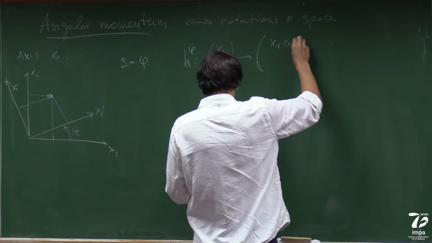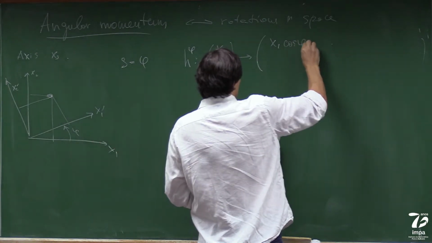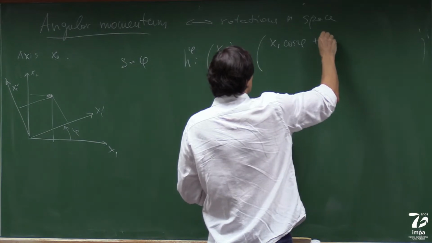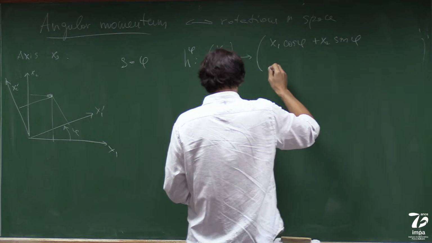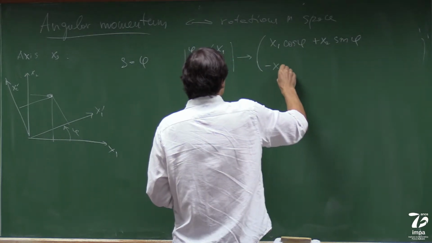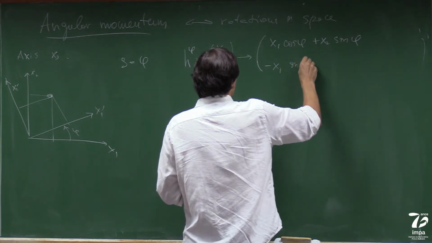The primed x1 will be x1 cosine psi plus x2 sine psi, and the primed x2 will be x2 cosine psi minus x1 sine psi.